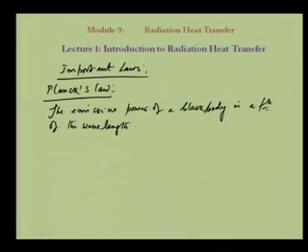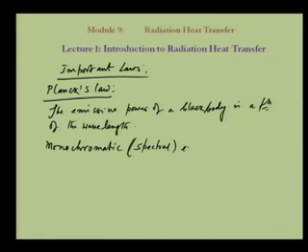So, therefore, there is a terminology called monochromatic emissive power. It is also called spectral emissive power. So, what is this? Emissive power means the amount of radiation energy emitted by a surface per unit area per unit time.